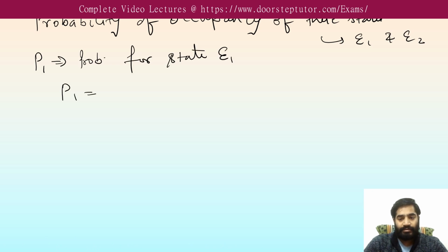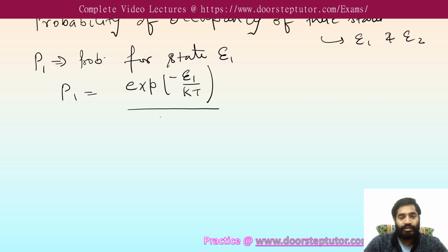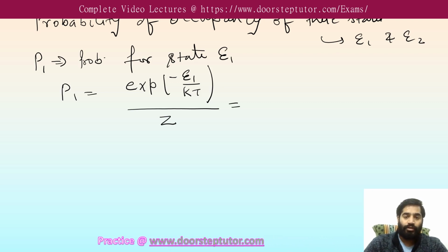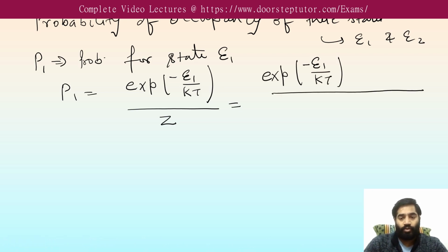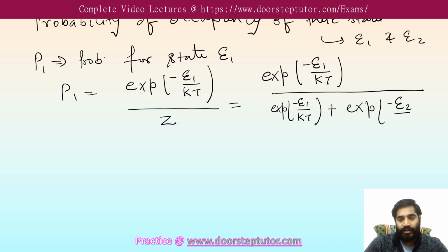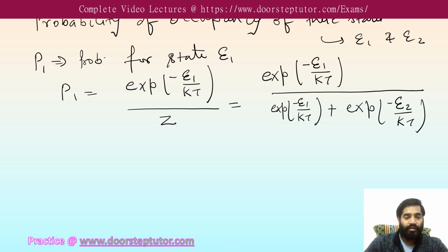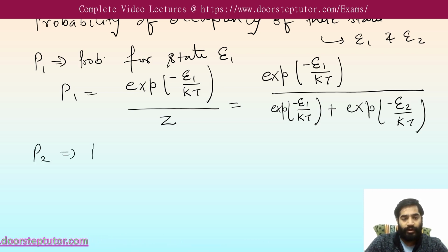It can be written as exponential of minus E1 by kT over the partition function, that is, exponential of minus E1 by kT plus exponential of minus E2 by kT, isn't it? Similarly, you can find P2, the probability of occupancy of state E2.